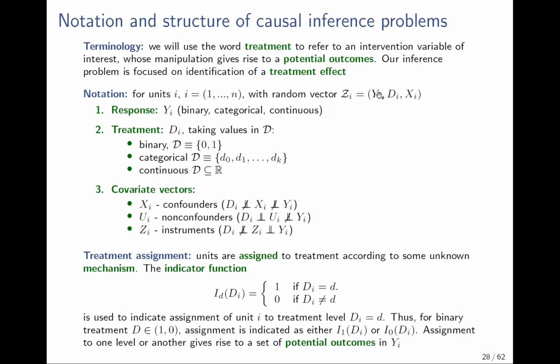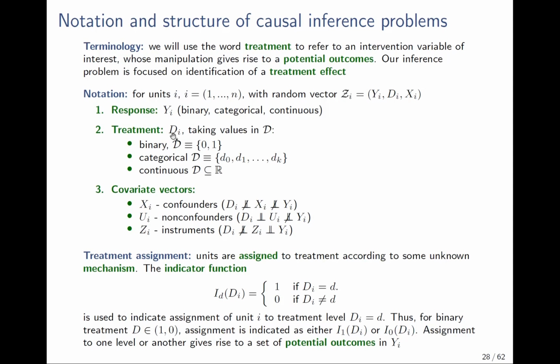Y is the response, that's our usual outcome. D is the treatment, and X is a vector of covariates. So the response Y, nothing to say here because we've seen responses before throughout the course. It could be binary, it could be categorical, it could be continuous. We're not saying anything specific about its distribution.